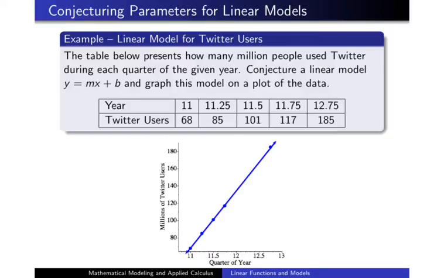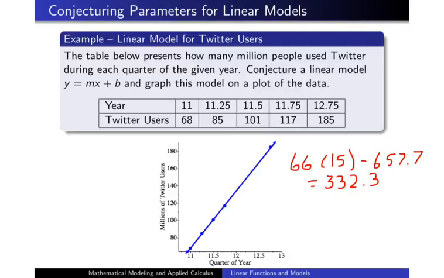So I could find the expected number of Twitter users in 2015 by taking my slope, 66, times the year, 2015, which we're using just the last two digits, minus 657.7, and that would give me an expected number of users of 332.3 million.